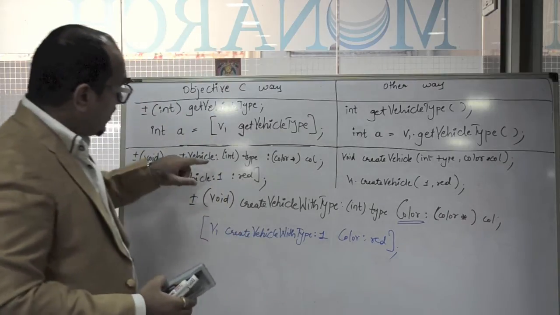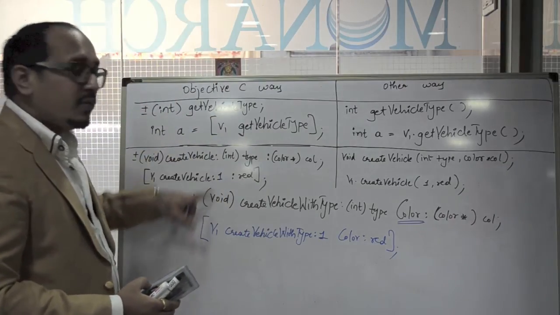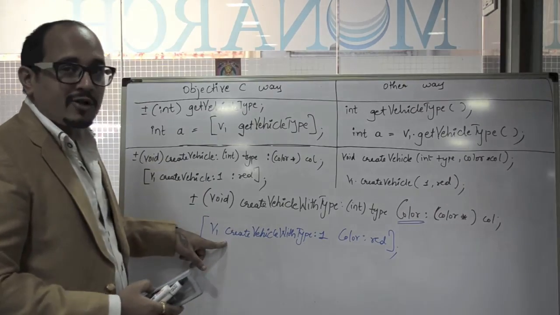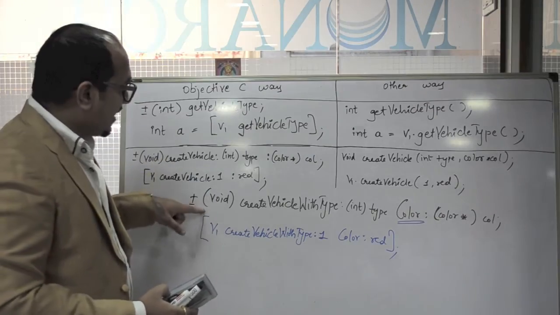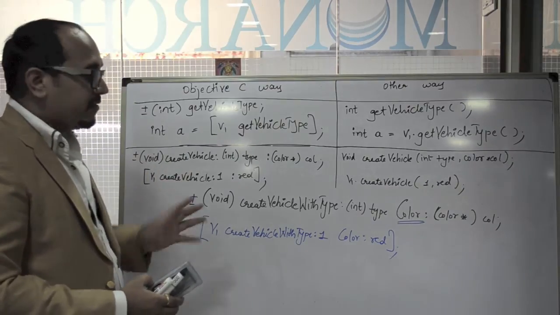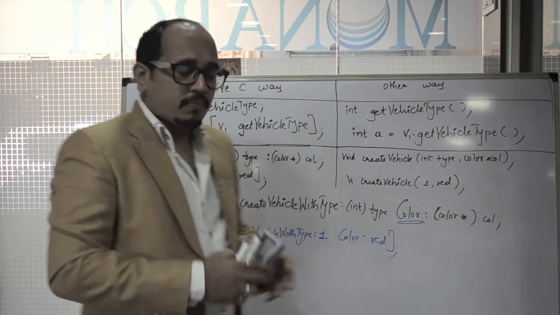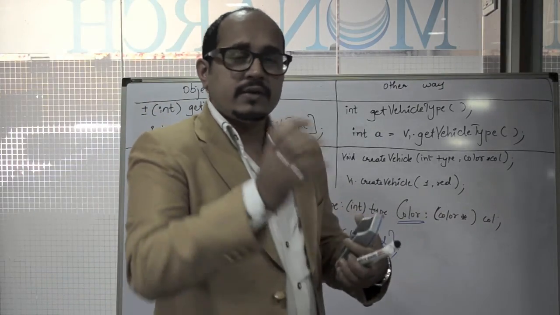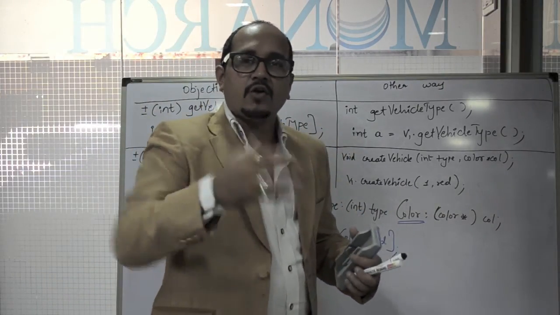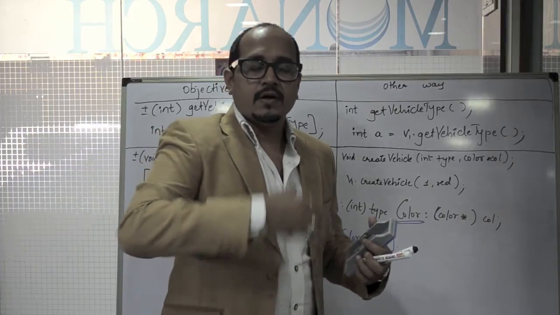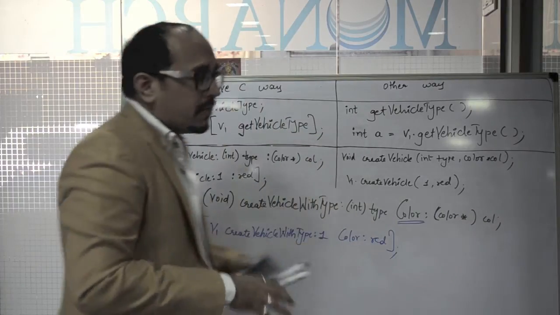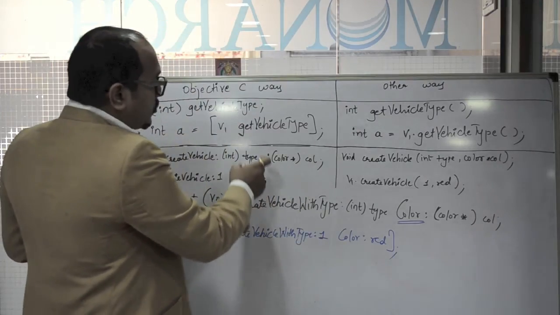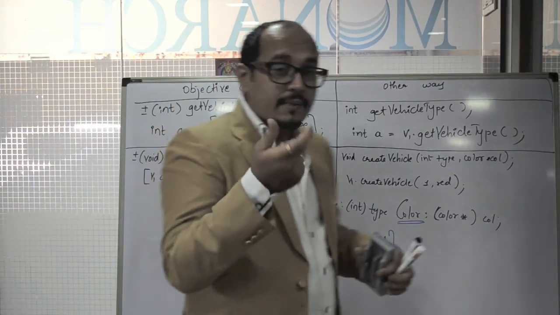Okay. So this function and this function are two different signatures. So you cannot declare it this way and call it this way. Not allowed. These two signatures are entirely different. Out here, in terms of function overloading, we have different arguments with different data types for the same function name. Literally, in Objective-C that's not possible because they give you a provision to add a label to the argument.